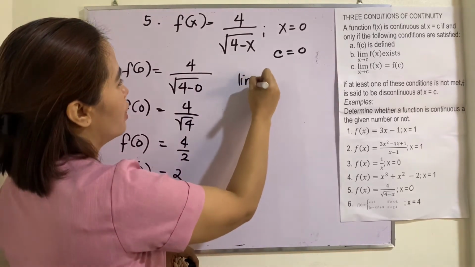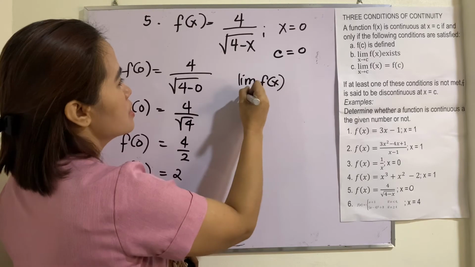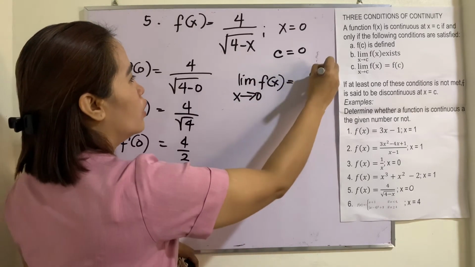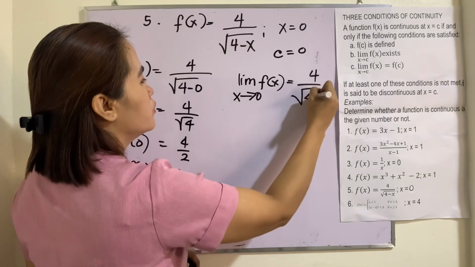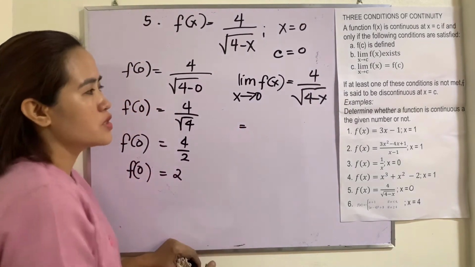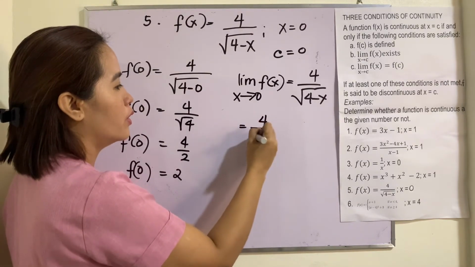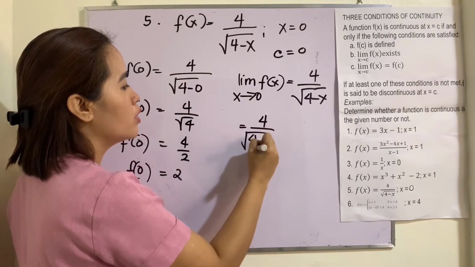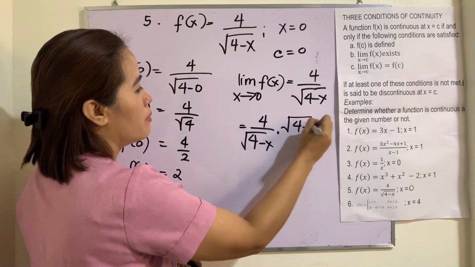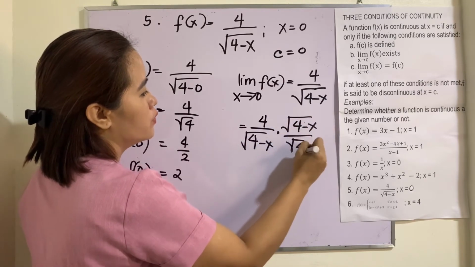We have the limit of f of x as x approaches 0 is equal to 4 over square root of 4 minus x. Okay, so let us rationalize this first. This is 4 over square root of 4 minus x times square root of 4 minus x over square root of 4 minus x.